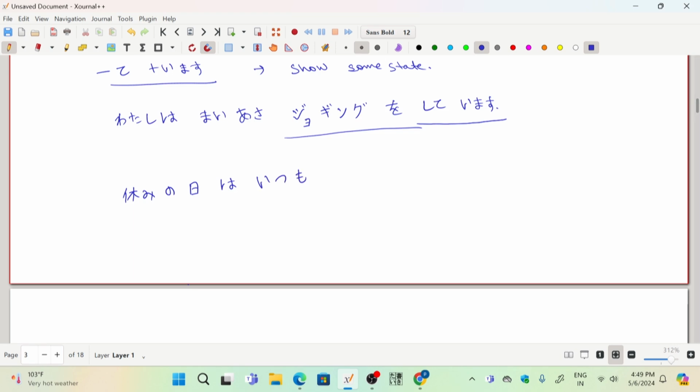Yasumi no hi wa itsumo nani o shimasu ka? Yasumi no hi is holiday. So on holidays, itsumo, always, it means, and nani o shimasu ka, what do you do? So you can say your plan, this shite imasu.